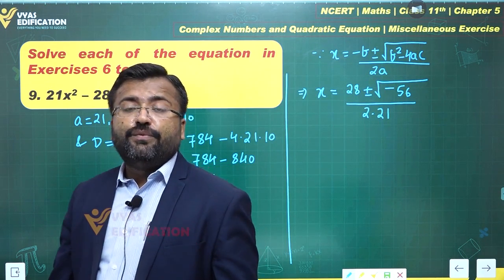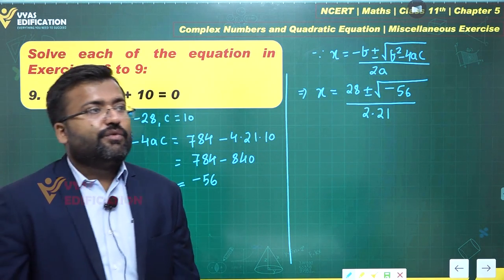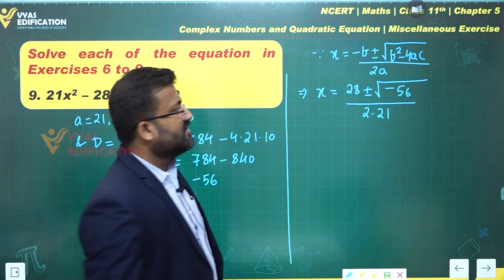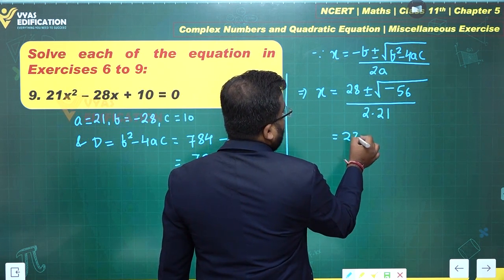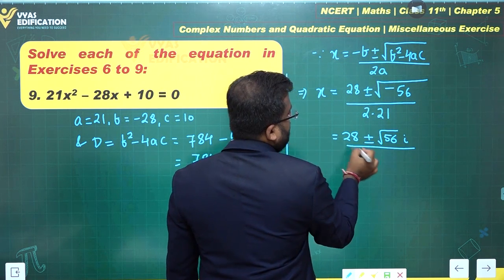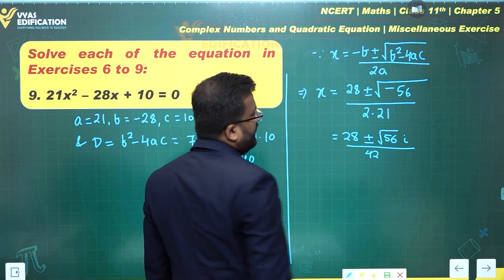Now root 56 can be simplified further. Root of minus 56 can be written as root 56 times root minus 1. First of all, let's do that. This is 28 plus minus root 56 times root minus 1, and this is 42 in the denominator.